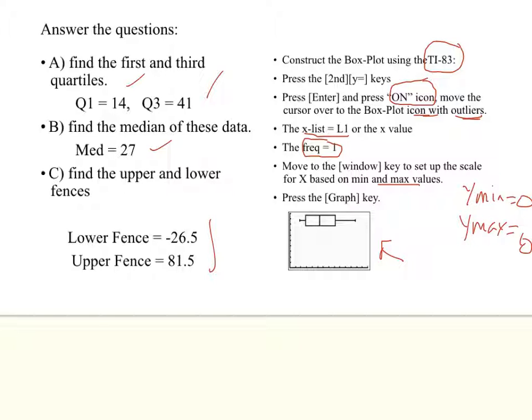You can see that there are no outliers. My maximum value is going to be 59, and my minimum value here is going to be 9, right? So we know where those values are because they're whiskers and they are not outliers. If they had been outliers, we would have seen dots in the box plot outside the whiskers.